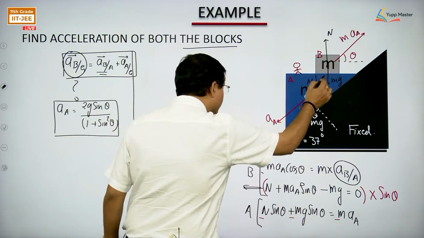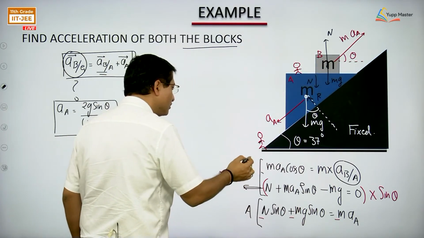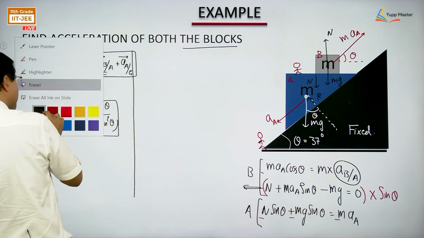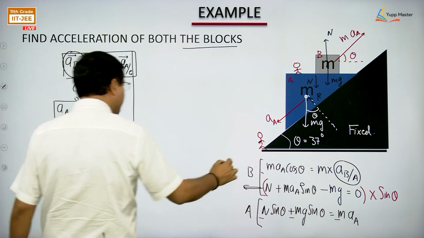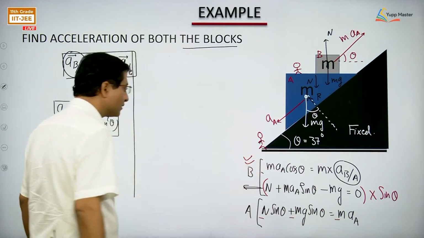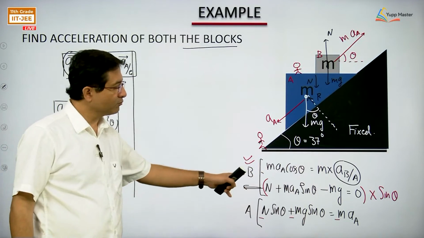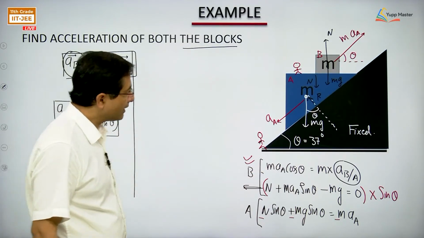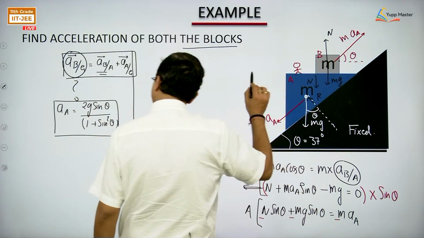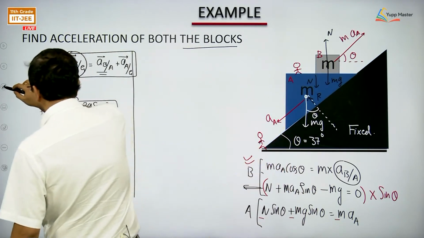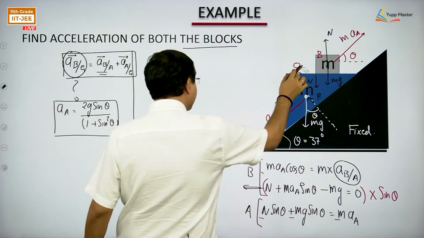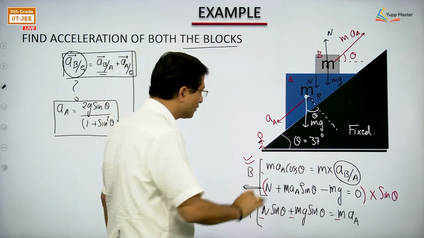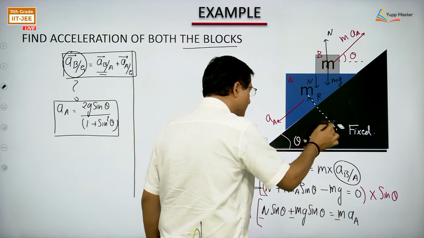I am now observing the motion of B with respect to ground, so these equations will get changed, because that was the motion of B as observed by the person standing on A. Now, as our observer is on the ground, I will remove all this.